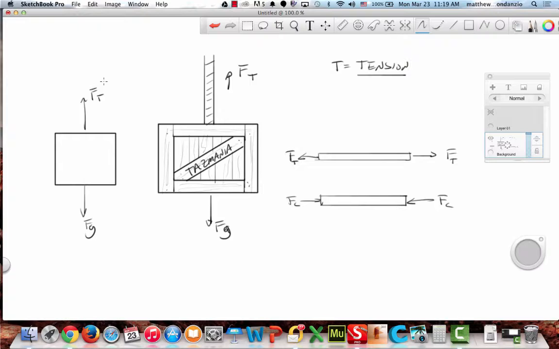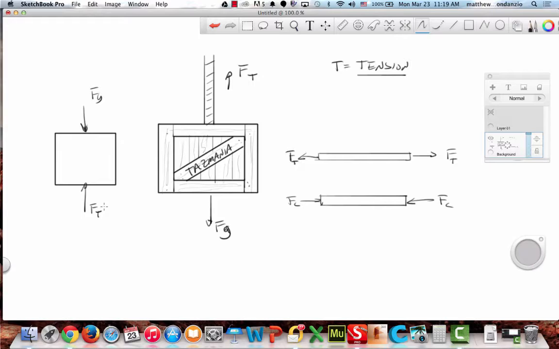Okay. So you have this. You've got F of G going this direction, right? And F of T going this direction, right? But the arrows are up and down, the correct orientation. Is there anything wrong with that? No. Technically, it's correct. Now, it's not as intuitive as the other way. But there's nothing wrong with this.